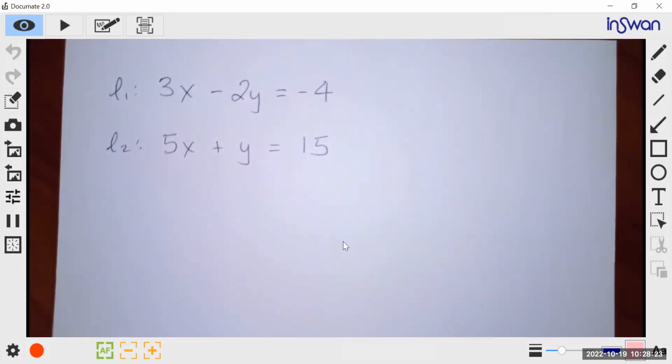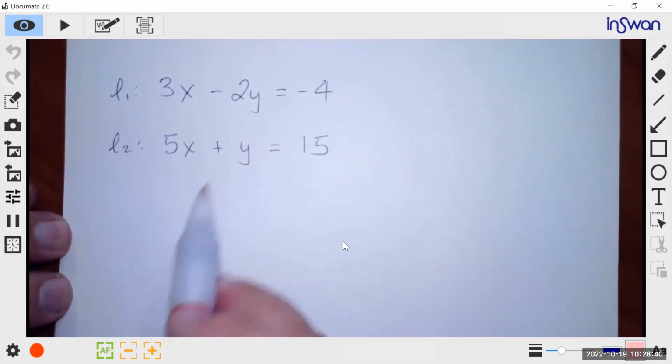Choose a variable and get rid of it, because you may need to multiply one or both of them. So choose a variable to get rid of. That's a safe one. Let's try the other one. You're right. This one you multiply. What would you multiply to the second equation?